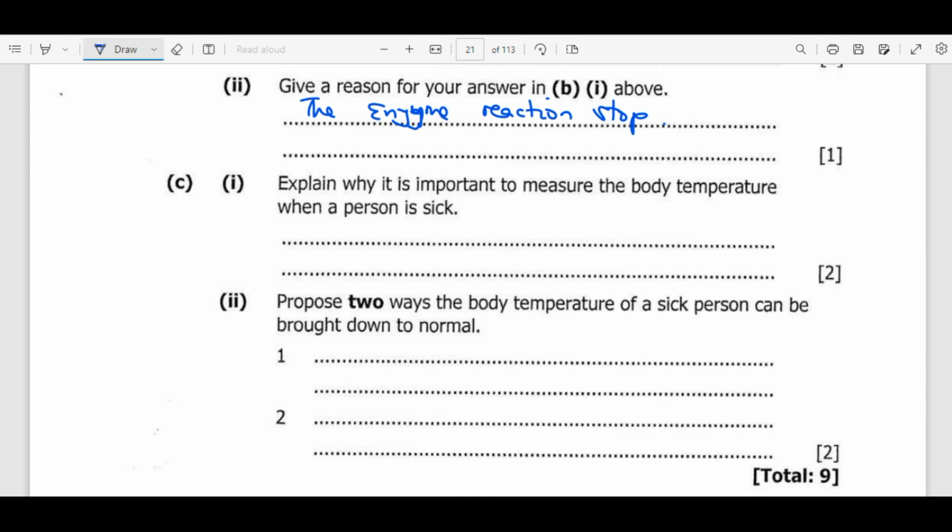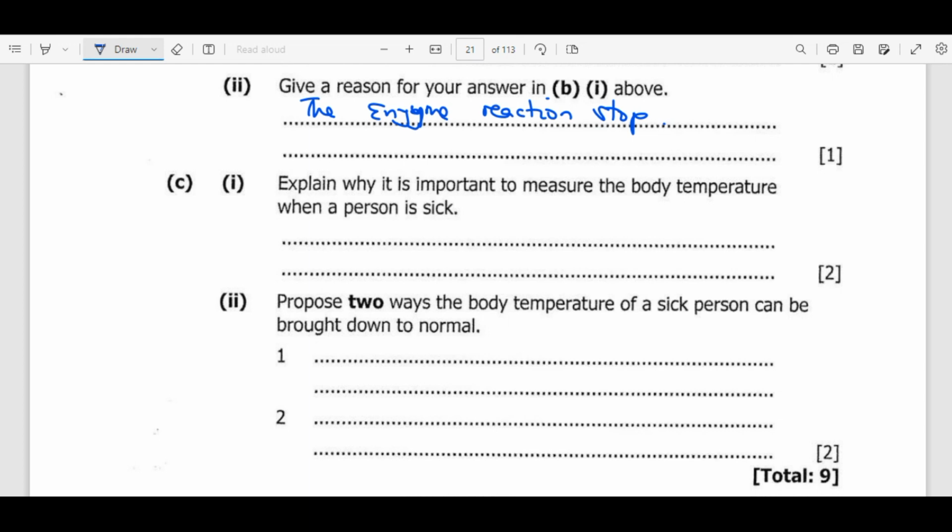The first reason is so that you can take precautions and know how high the temperature has reached. When the temperature is too high, certain enzymes in the body will stop functioning because they will start to denature. The reason is very simple: each enzyme has a specific optimum temperature that it should exist in.